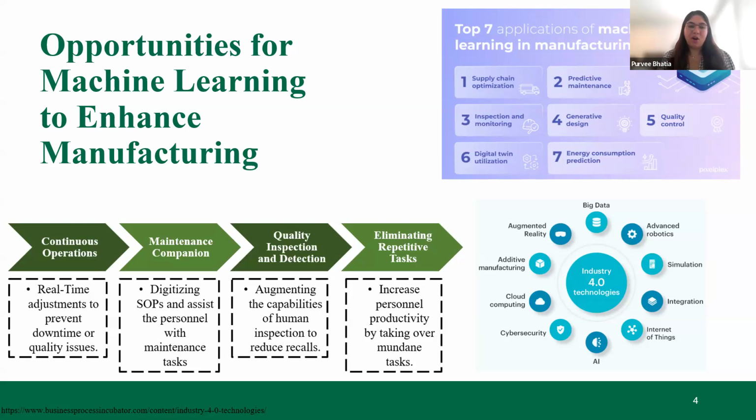Commonly, the four most common areas that we see it being utilized in start with operations, so essentially real-time adjustments to prevent any downtime. As a maintenance companion, it is used for predictive maintenance and to assist personnel with maintenance tasks. With quality inspection, it has been heavily used as an automated quality inspection method and to eliminate any repetitive or mundane tasks that personnel might have.